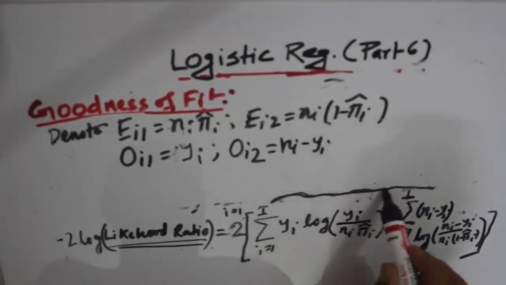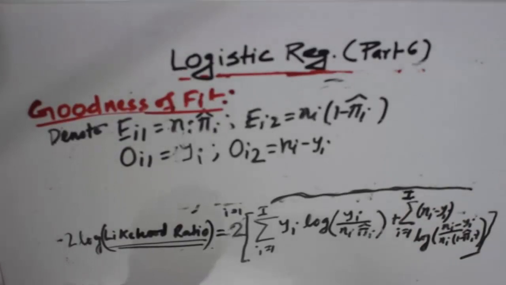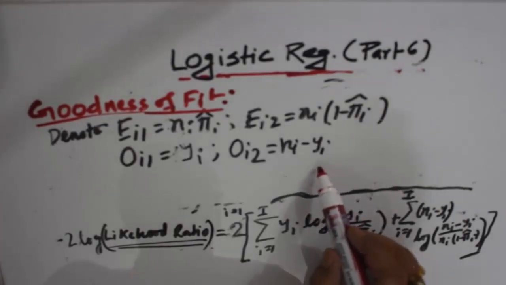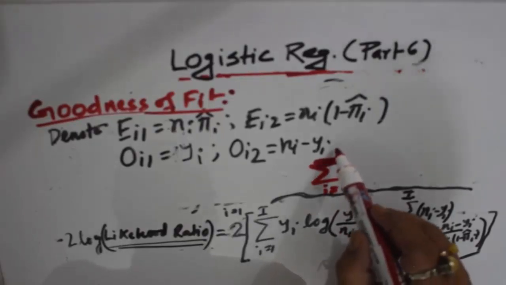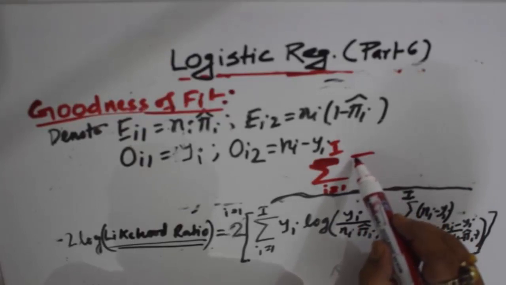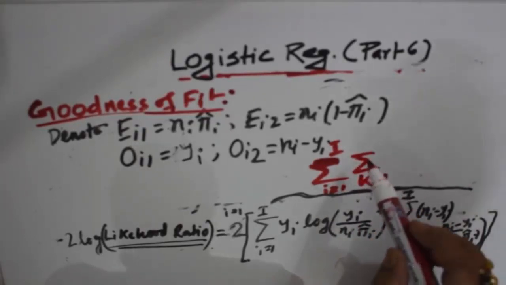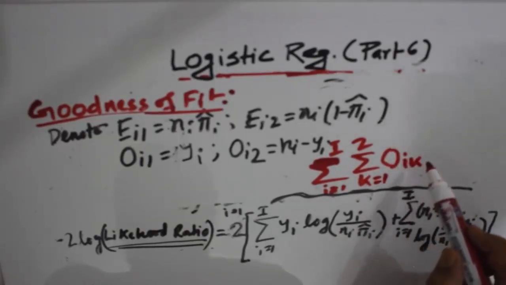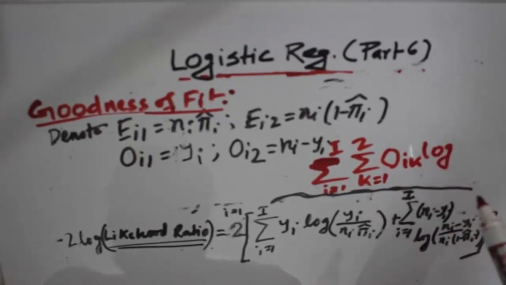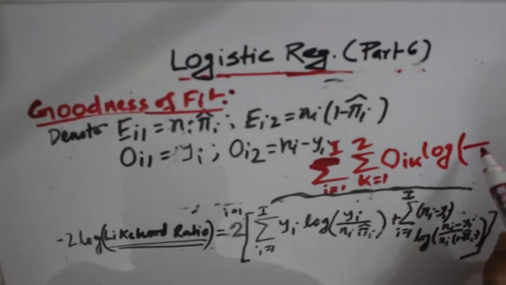Then this term simplifies as the sum over I from 1 to capital I, sum over k from 1 to 2, of O I k log O I k by E I k.